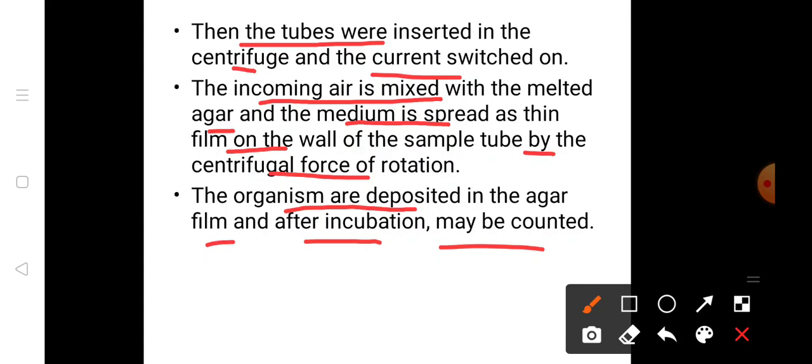The scientist Wells utilized the latter type. He took 12 sample centrifuge tubes, added melted agar, put them into the centrifuge, and switched on the current. The incoming air then impacts and forms a thin film surrounding the tube. After that we incubate and count the colonies, and all the testing is carried out in a single step.